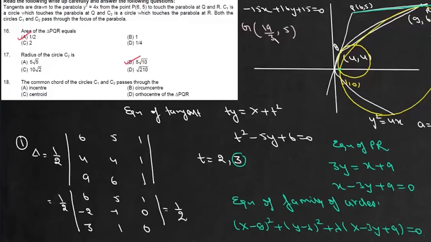So we put this in, and we get minus 19 into 5 plus 80 plus 15. So it is minus 95 plus 95, which is 0. That means the centroid is going to lie on this common chord. So it will pass through the centroid of this triangle, and that's your option C. The correct options are A, B and C.